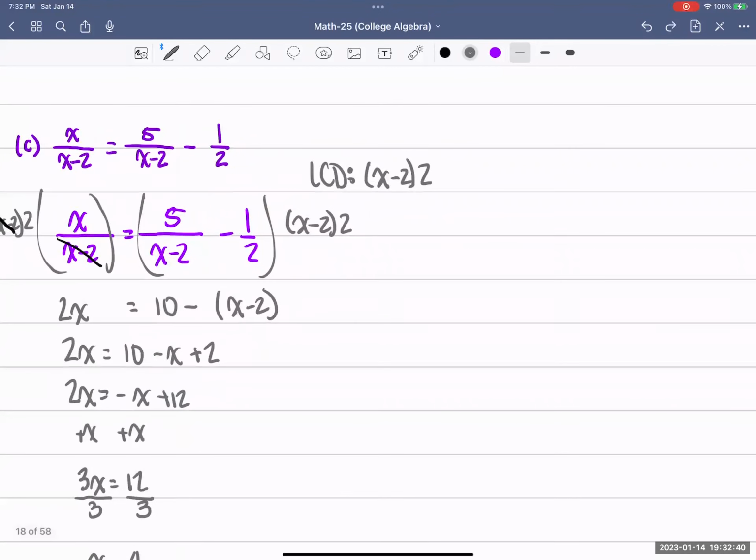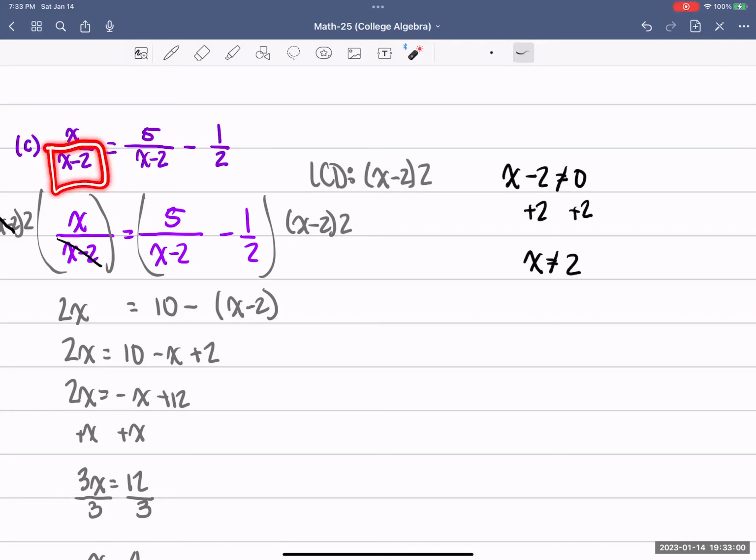So coming over here, we're starting with that. X minus 2 cannot equal 0 because if it does, we have a 0 denominator, which is bad in math. We can't have that. So add 2 to both sides. And we say that x cannot equal 2. So that's for this first fraction here.